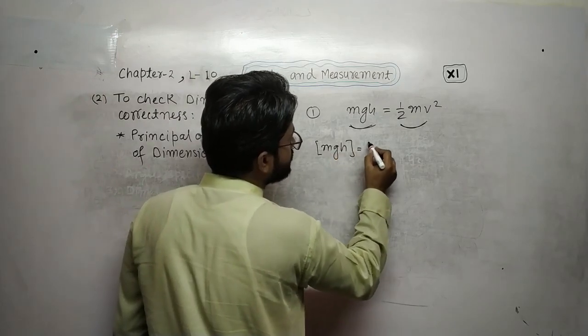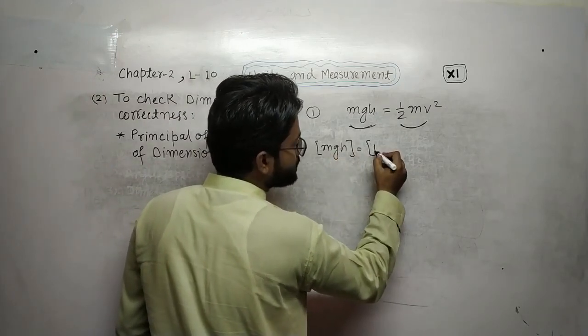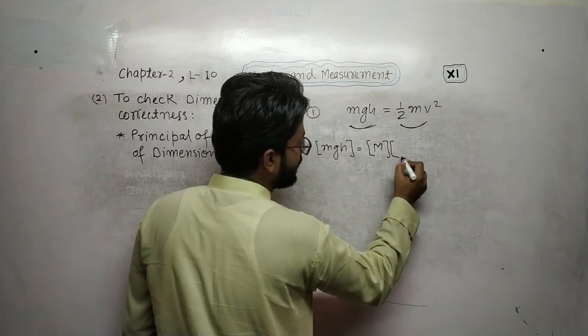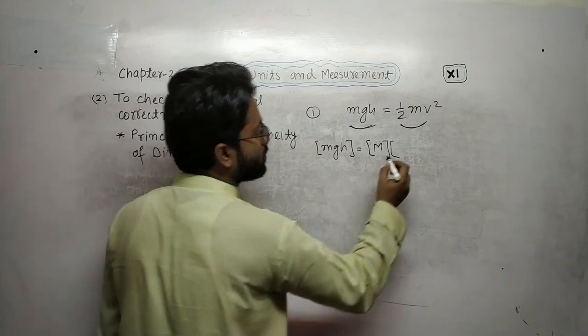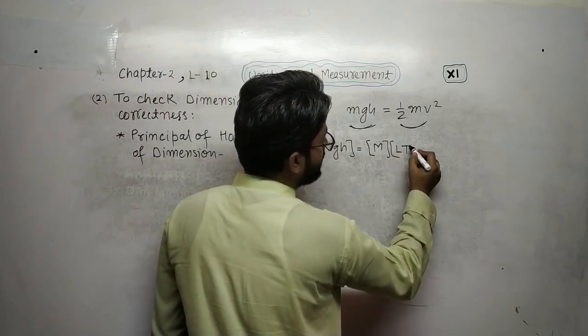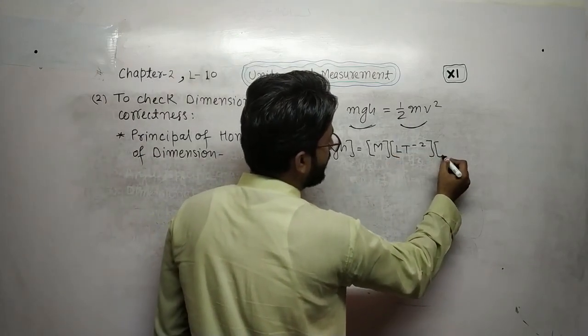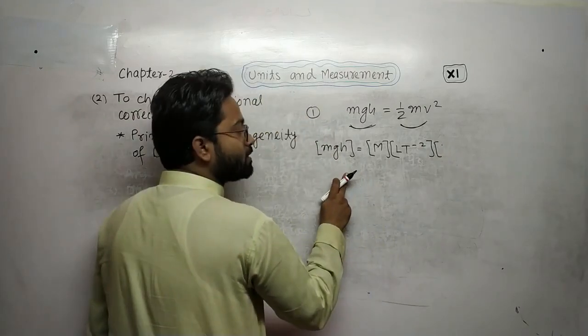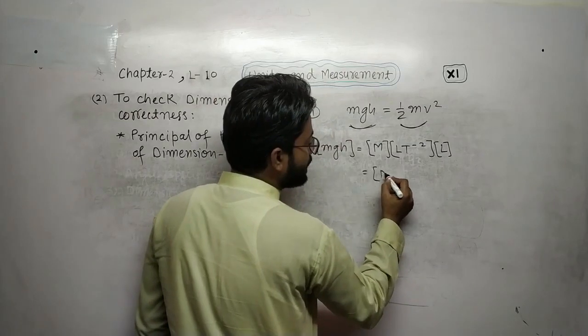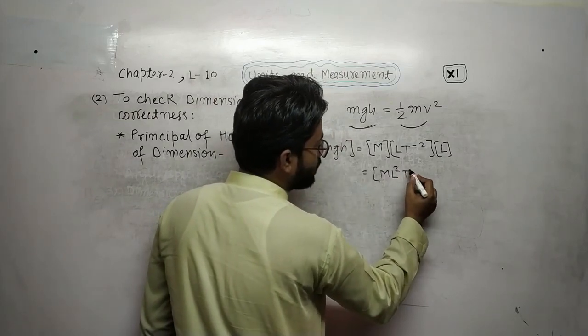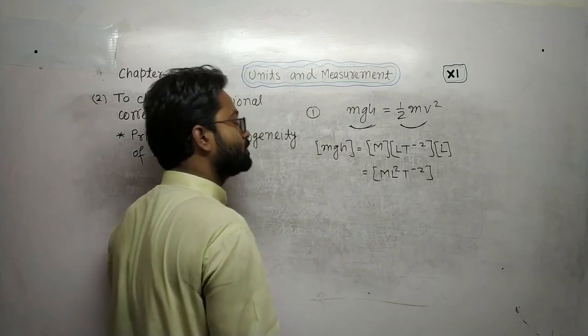For mgh, m is the mass, that is M. g is the acceleration, meter per second square, that is LT to the power minus 2, and h is the height, that is length, which you will write as L. After combining you will have M L square T to the power minus 2.